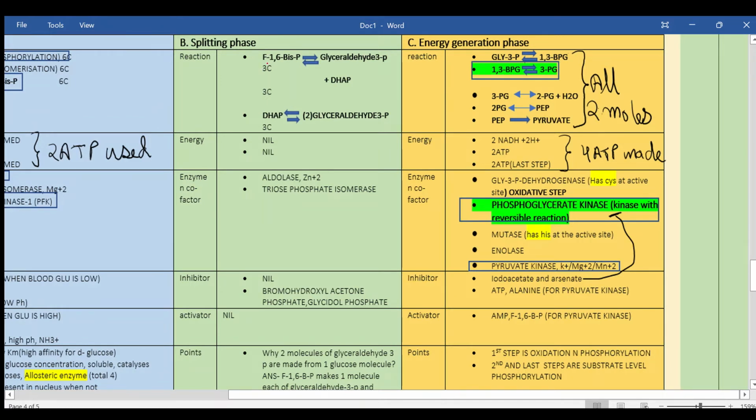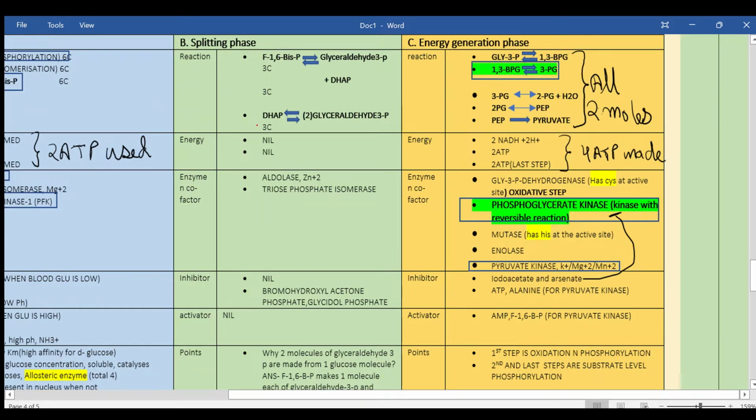Valency means if fructose 1,6-bisphosphate was a 6-carbon compound, then the final molecules should also have 6 carbons. These two are 3-carbon compounds, that is glyceraldehyde 3-phosphate and dihydroxyacetone phosphate. So 3 plus 3 makes 6 carbons, and dihydroxyacetone phosphate, a 3-carbon compound, will produce a molecule of glyceraldehyde 3-phosphate, in total making 6 carbons.